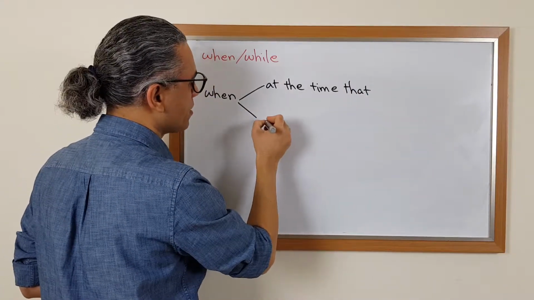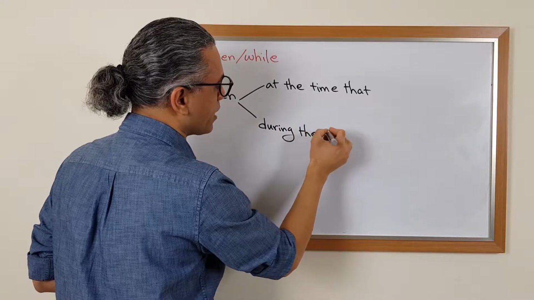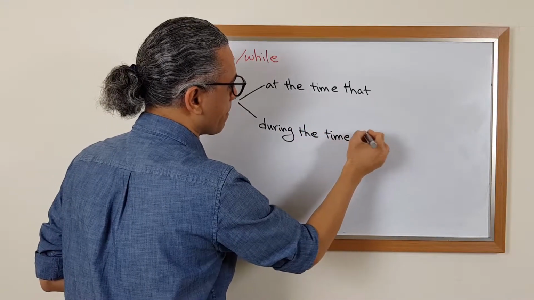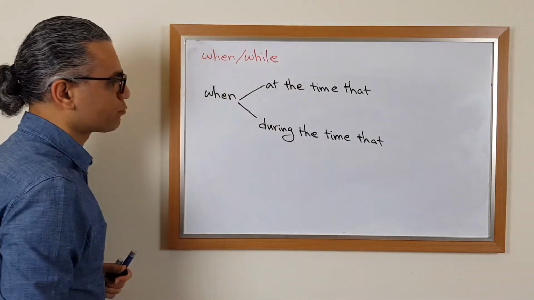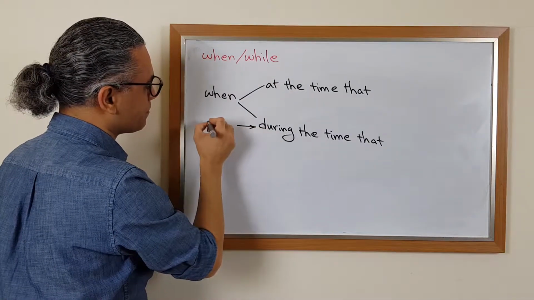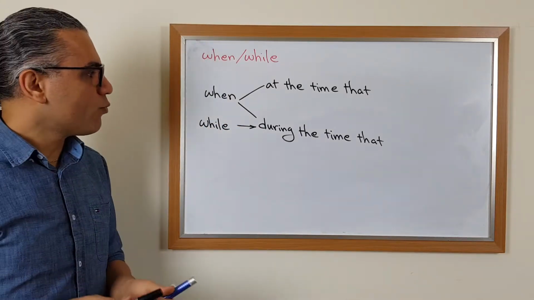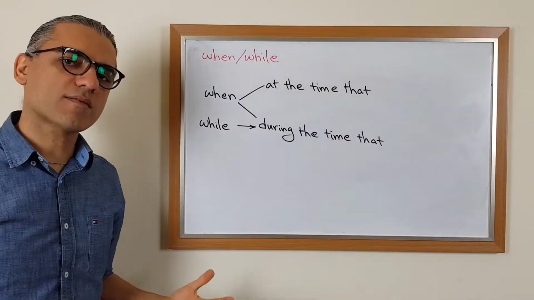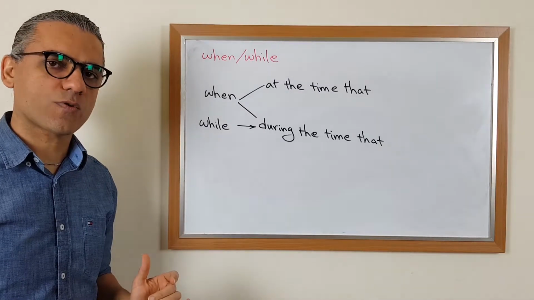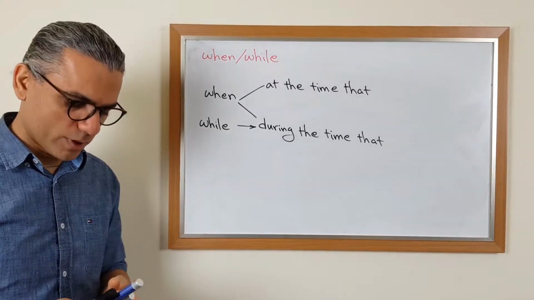Sometimes it means during the time that. While means during the time that. That is why we can use when with past simple and past continuous, but we use while with past continuous only.